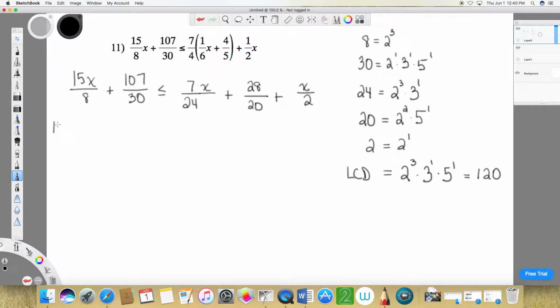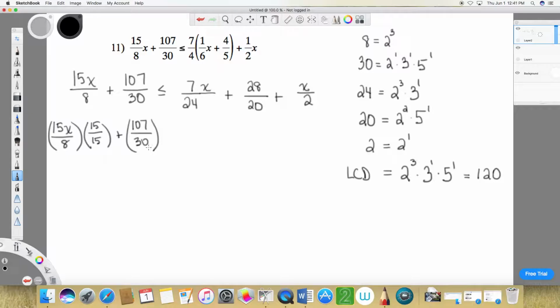So this 15x over 8, I'm going to multiply it by the number 1. And also, when I have this prime factorization, I can easily see that 8 times 15 is 120. So I'm going to multiply this by 15 over 15. Now, my next term here, the 30, I need to get it to be 120.